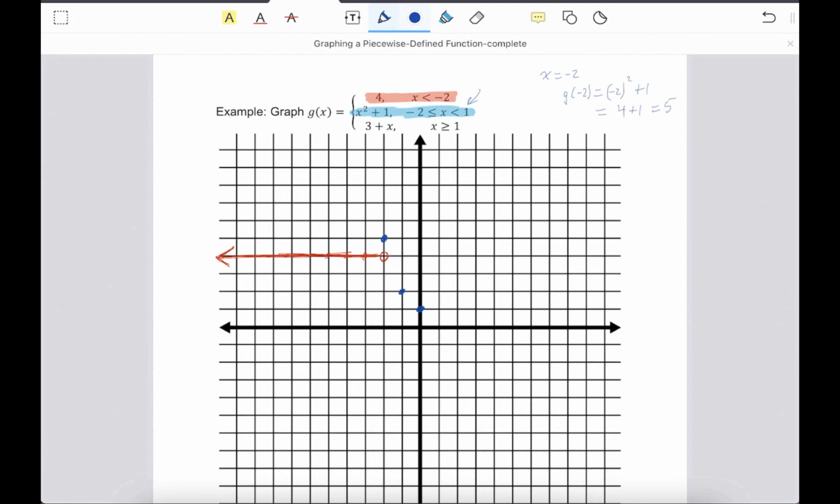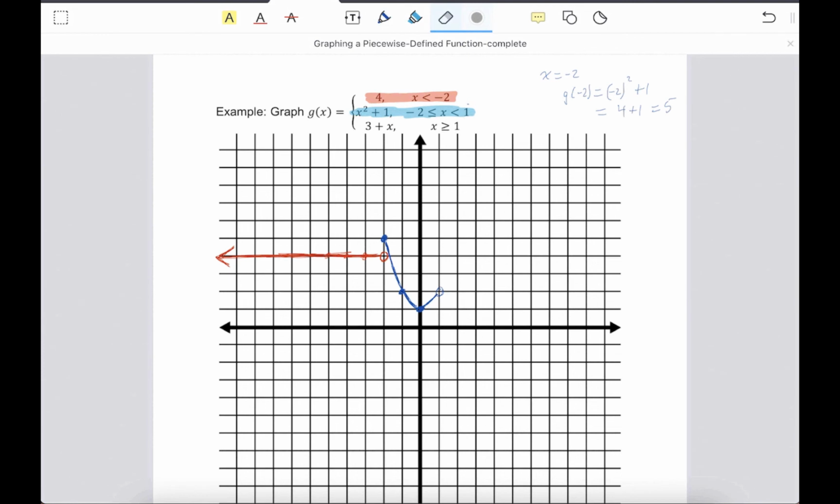But since it's now not equal at 1, I'll put an open circle at 1, 2. Now for this piece, I'll connect the lines with a smooth curve. As smooth as possible. And that is good. So that is our second piece there.